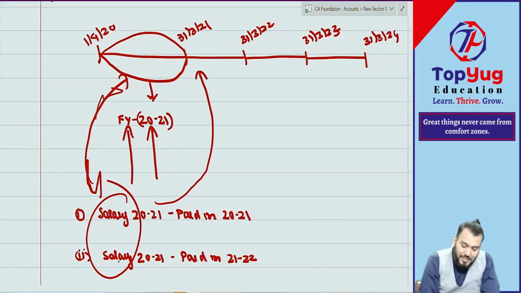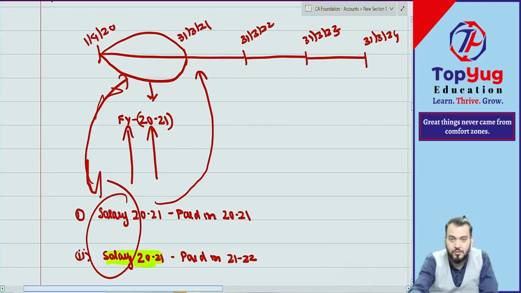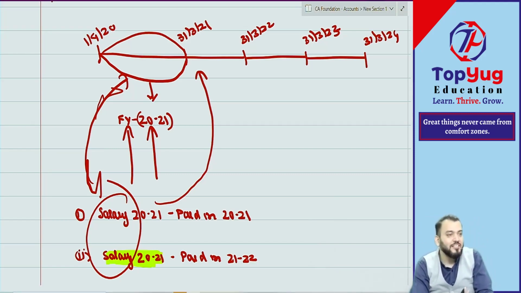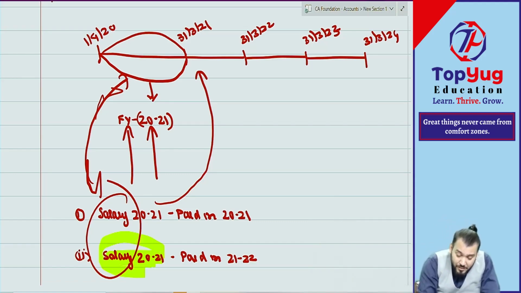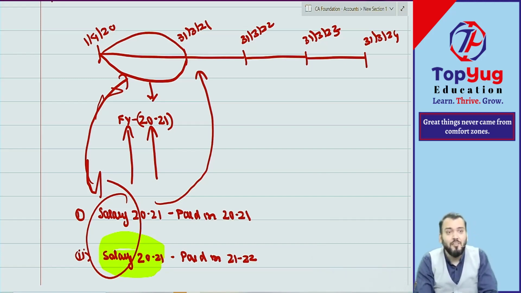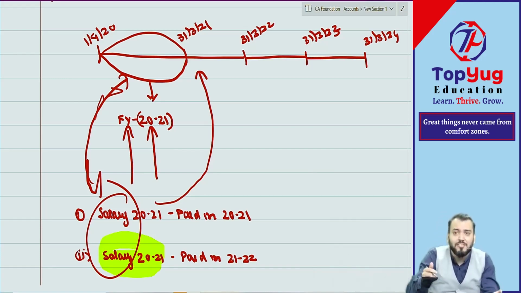It means two people have understood my emotion. Try to understand. I say salary. But what have I written? Salary of which year? So it is an expense of which year? And what I have said, expense of 2021 will be recorded in 2021 only. That was the only concept.